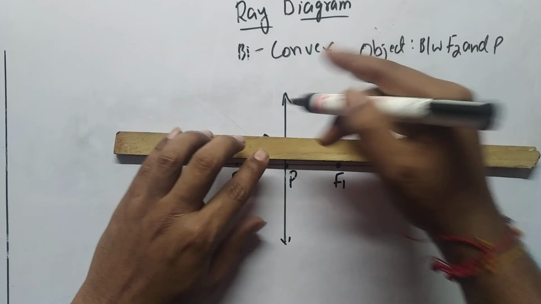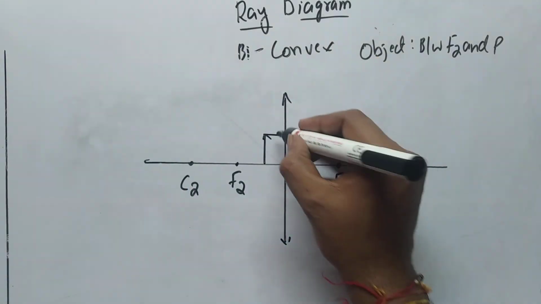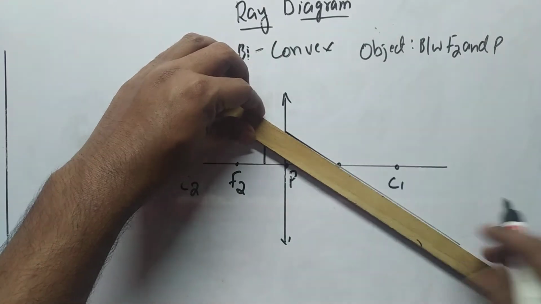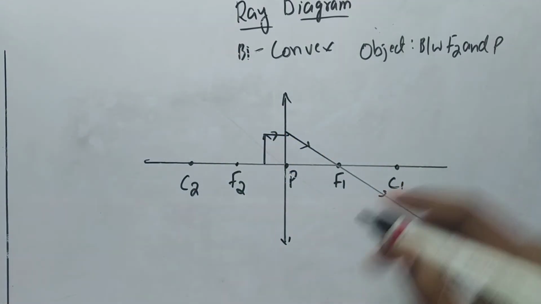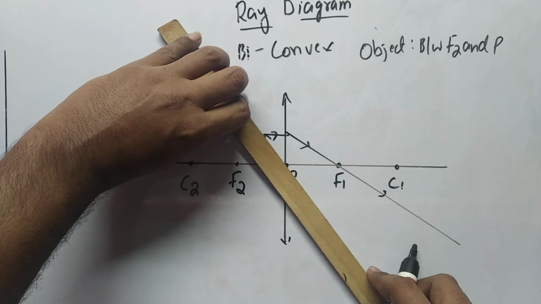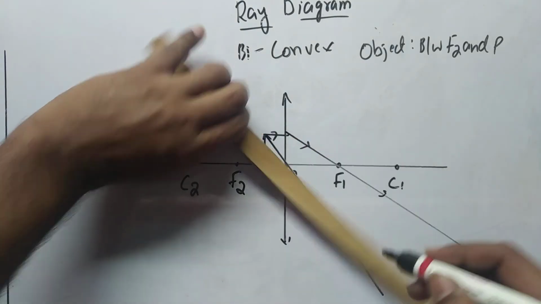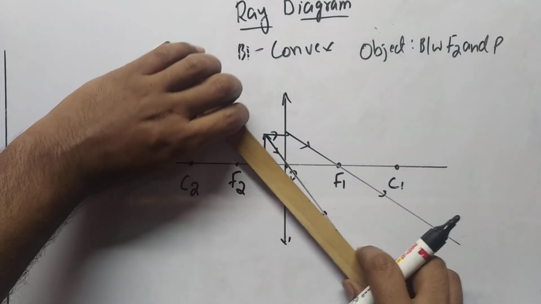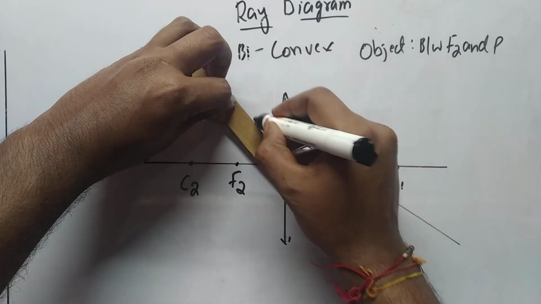So we will take the rule 3, ray parallel to principal axis. Whenever ray is parallel to principal axis, it will pass from focus. Okay, and next let me take a ray which is passing from optic center, which is also not deviated. So we got these two rays. As you extend, they won't intersect. So now we need to extend them behind the lens.